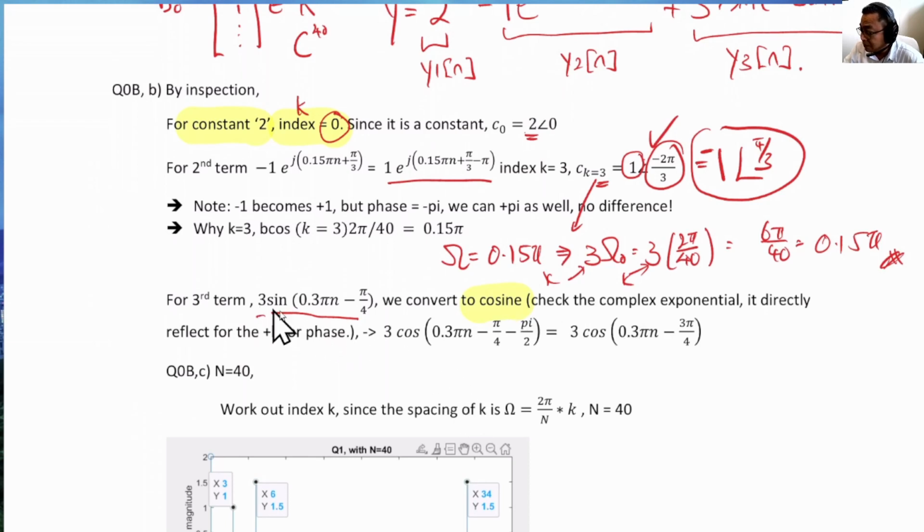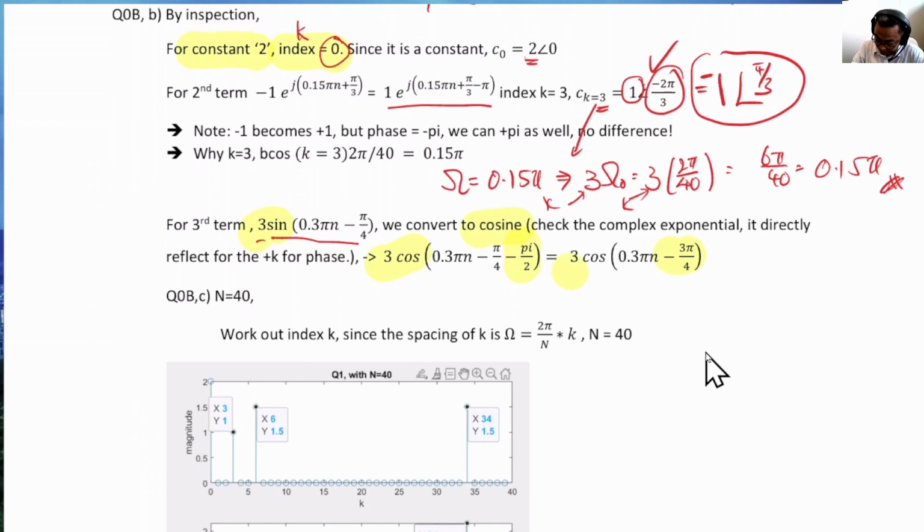So to convert a sine to a cosine, we not only change this, but we must introduce a phase shift of minus pi over 2. Now, we bunch this minus pi over 4 and minus pi over 2 together to get minus 3 pi over 4.